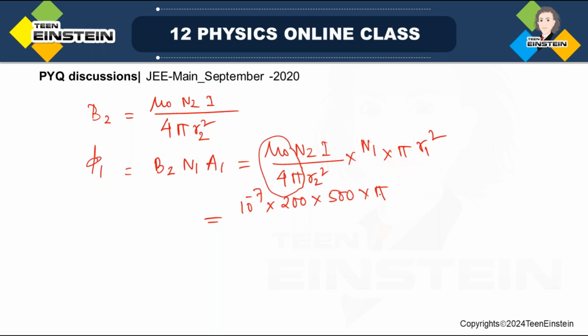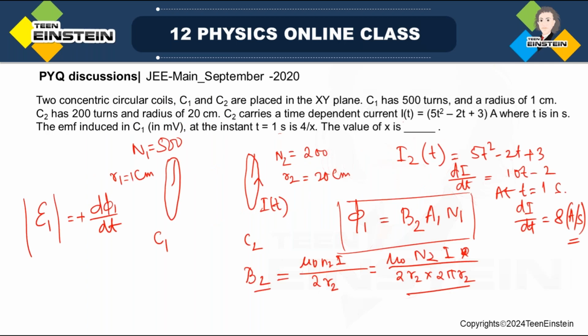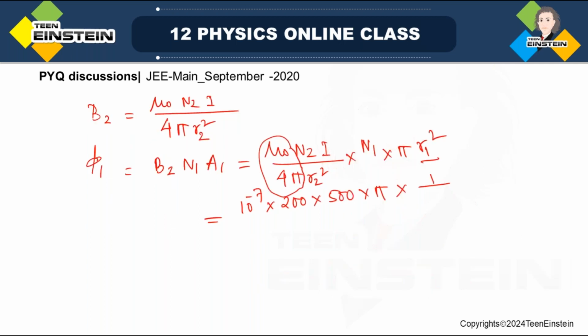And pi, let me keep this. This R1 is 1 centimeter. So if I take 1 over 20 centimeter whole square, then there is no harm. Centimeter will cancel each other.